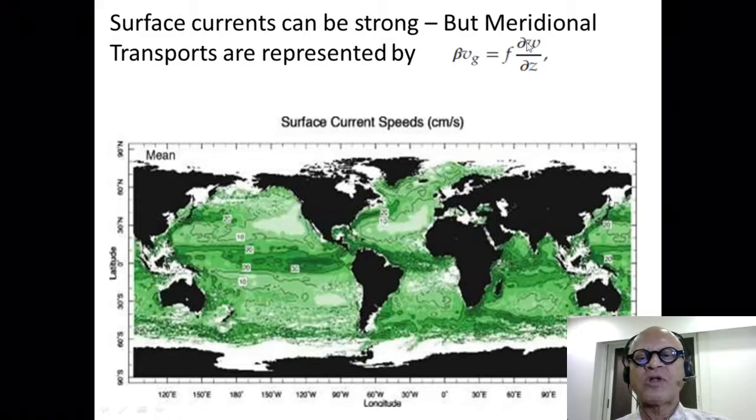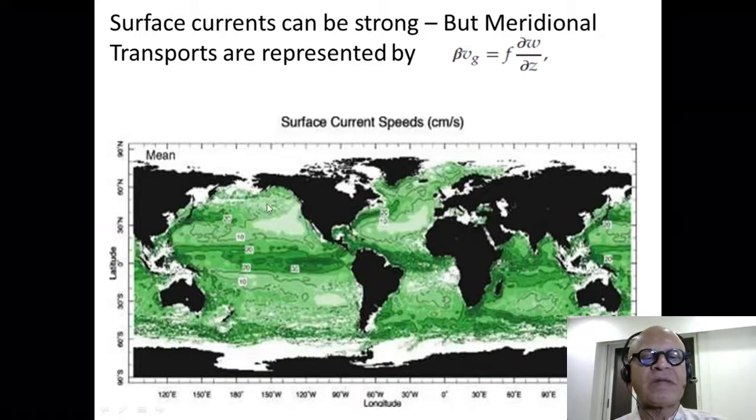We already talked about how small velocities in the vertical of the order of 30 meters per year introduced horizontal currents of centimeter per second because of this amplification by beta over f, which is almost 1,000. We'll see that again. Okay, so you can see here that the surface current speeds are of order of tenths of centimeter per second, with some much faster currents at the western boundaries. Indian Ocean is, as always, different.